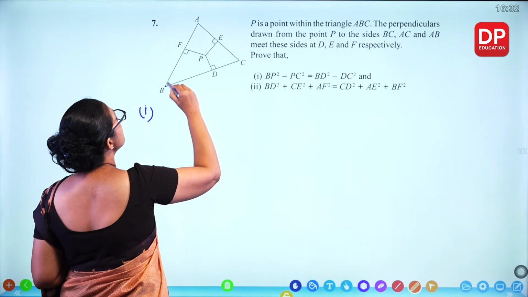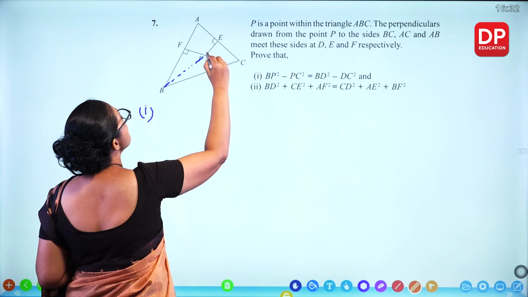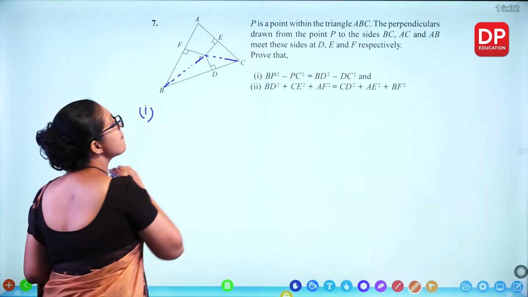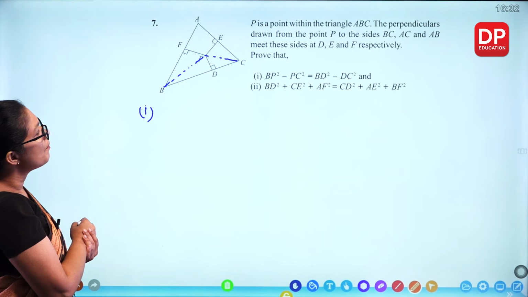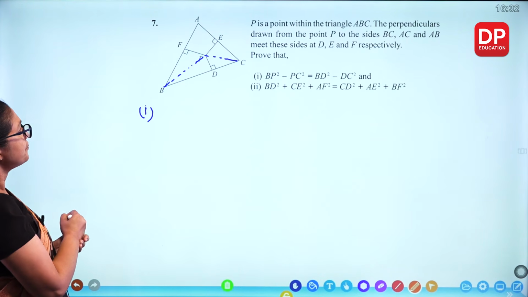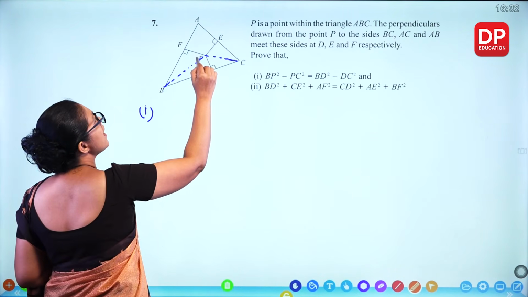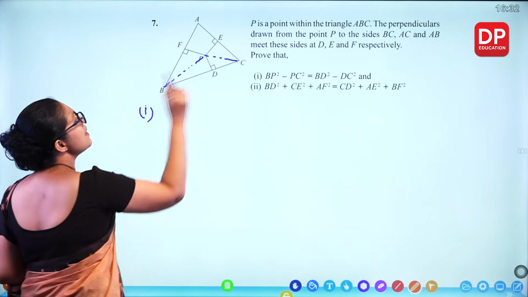Here we need to connect. So I connected this BP and PC line.